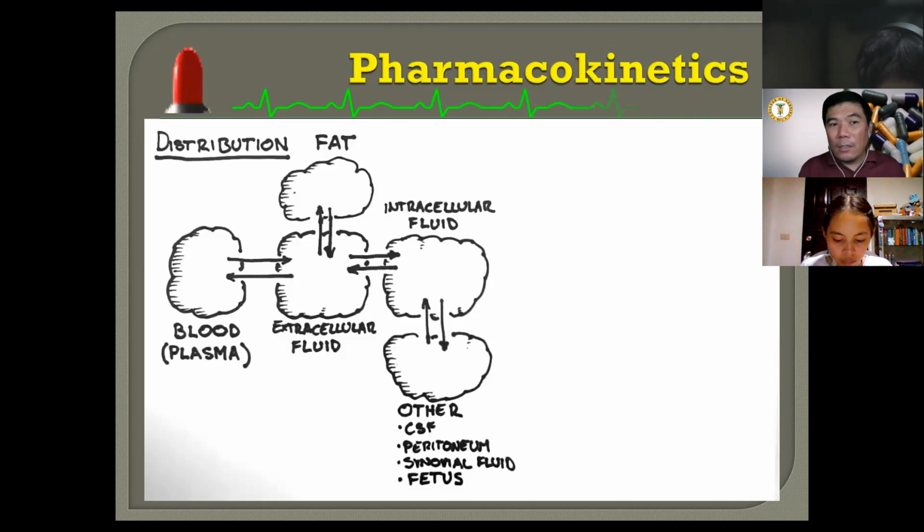So similarly, if the drug is indicated for the brain, then we expect that the drug will be distributed to its target organ by cerebrospinal fluid.